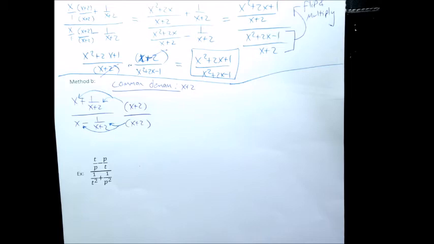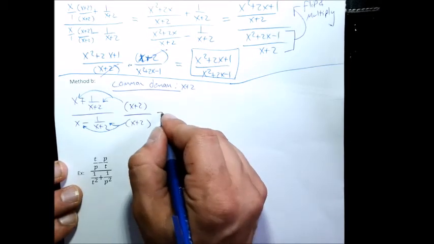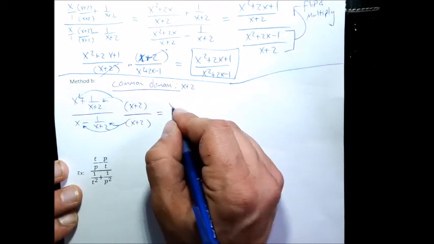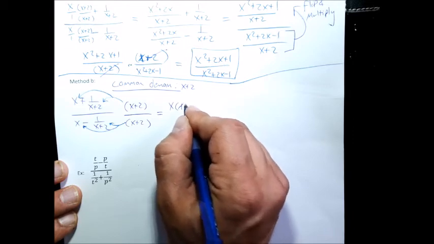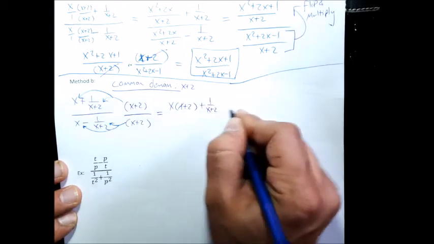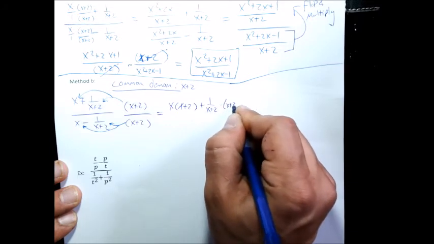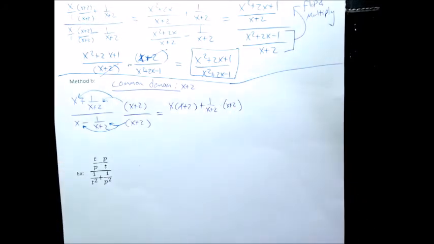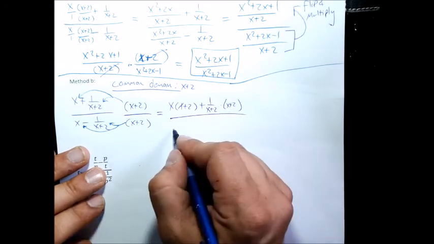I'm going to write it out in 2 steps here. But what happens is the x plus 2 multiplies the x and the 1 over x plus 2. And the same thing happens in the denominator.